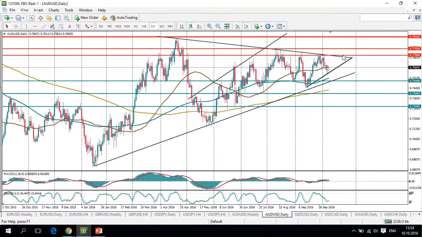So once again, once we approach 0.77, it is a wise idea to put a sell order here.